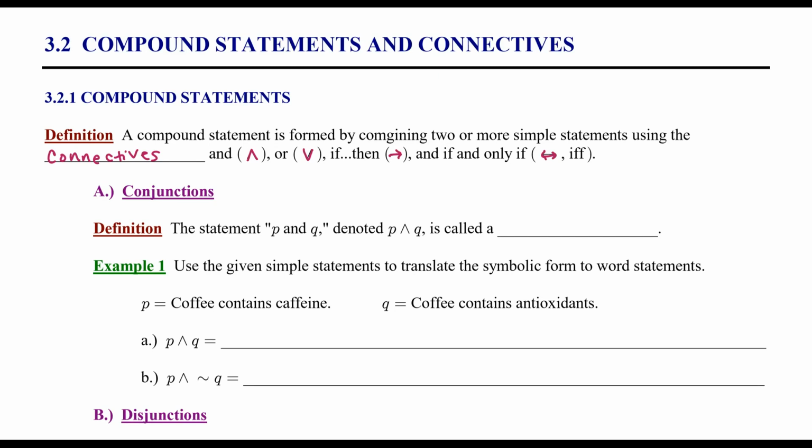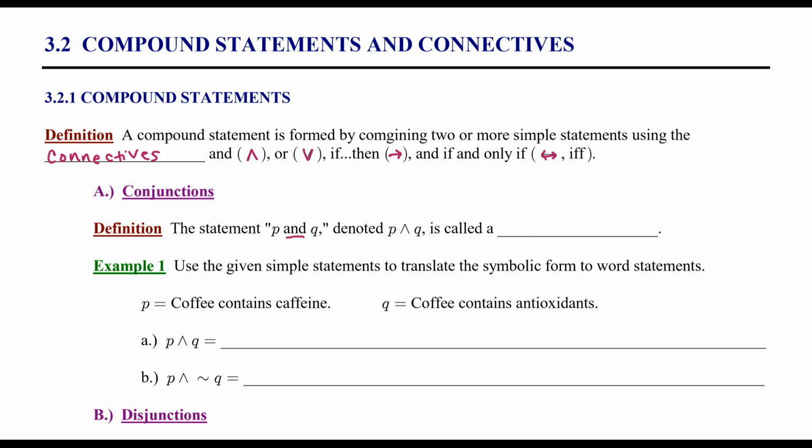We now proceed to examine each of these connectives individually. We'll begin with conjunctions. Keep in mind, a logical conjunction is not necessarily the same thing as a conjunction in the English language, so pay attention and watch for the difference. Definition: the statement P and Q. Now remember, P represents a simple statement and Q represents a simple statement, each of which will have some sort of truth value, either true or false. So when I join those two statements with the word and, we call it a conjunction.